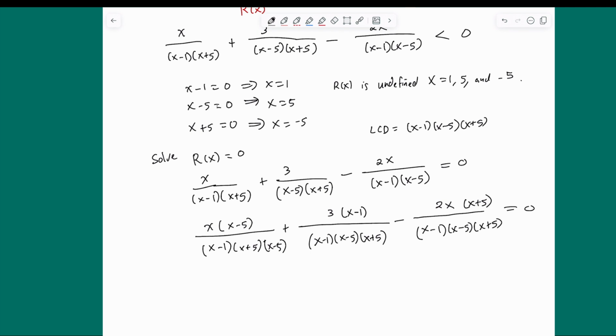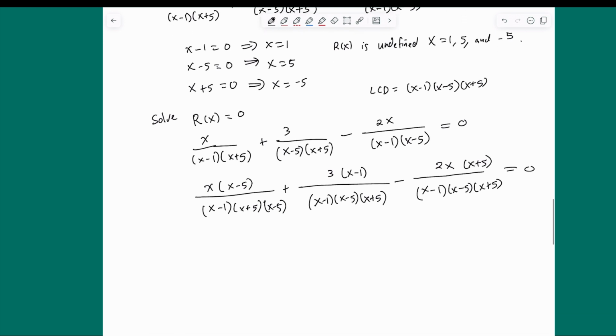Okay, so then what you do next is multiply through by the LCD, which basically leaves the numerator. So I like to say forget about the denominators and just write the numerators. But I'm going to actually distribute here. And so here we would get x squared minus 5x. Here we get 3x minus 3. And here we get 2x squared plus 10x.